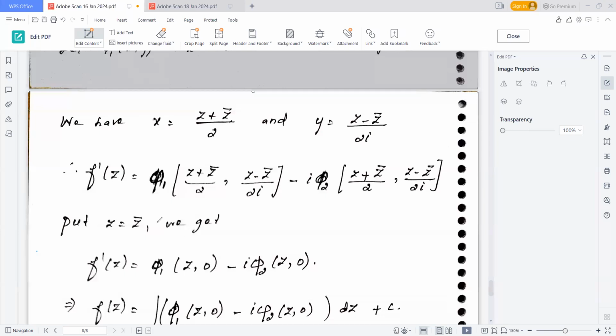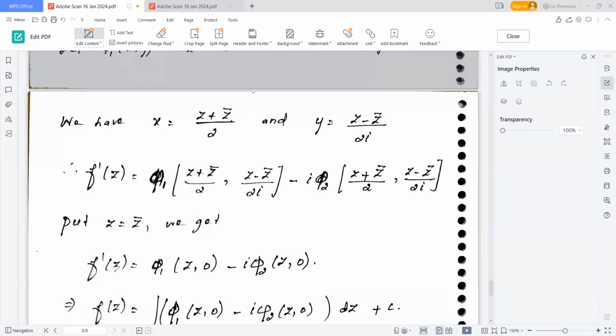So therefore, f dash of z becomes phi 1 of this and minus i phi 2 of this. Next, we are replacing z bar as z. So if we put z bar as z, then this will become z and this will become 0. Similarly, this term will become z and this will become 0.